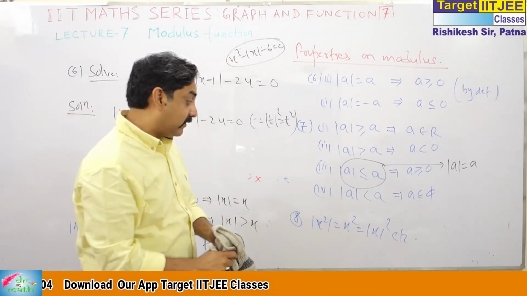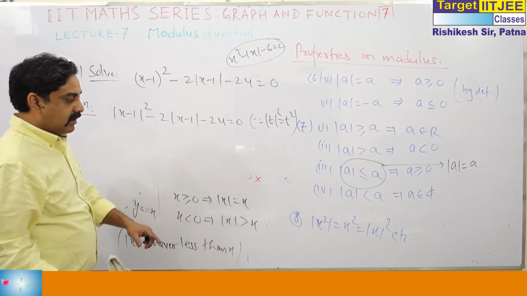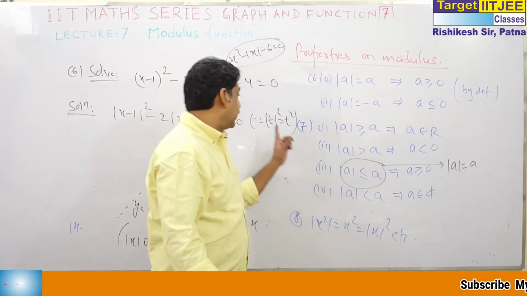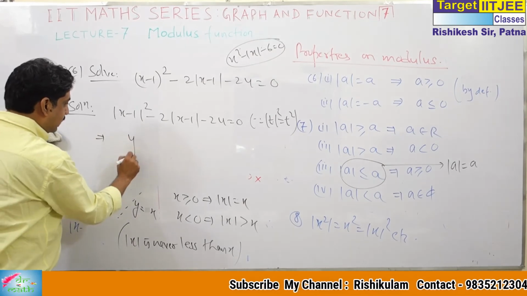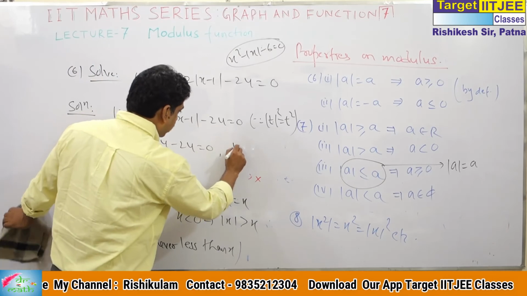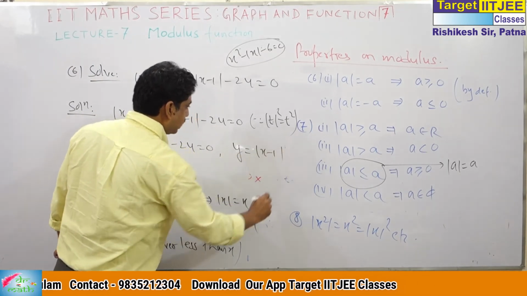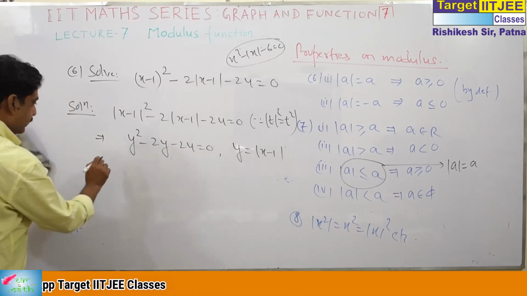But here I will take advantage of this property. I can write x square as mod x square. Now I will write y square minus 2y minus 24 equals 0, where y is equal to mod x minus 1. This will make our work easy.